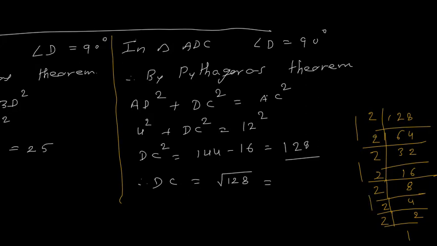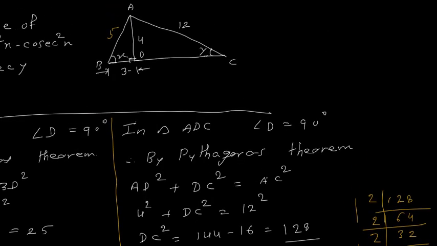So 3 pairs are there. So 2 into 2 into 2 I will take out and then root 2. So this is 8 root 2. Okay, strange. I got DC as 8 root 2. I got AB as 5, BD as 3.